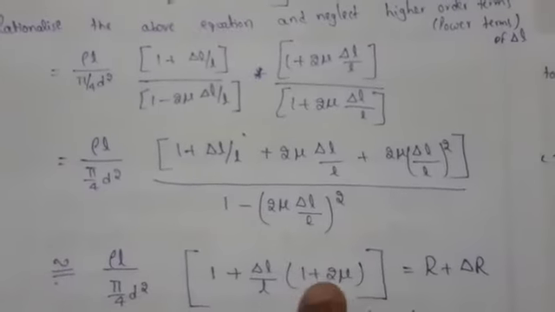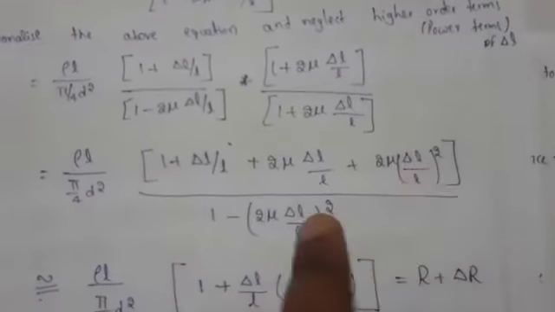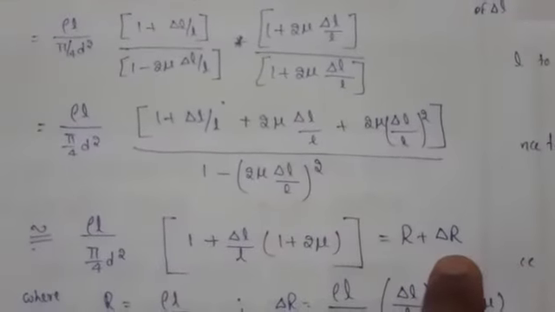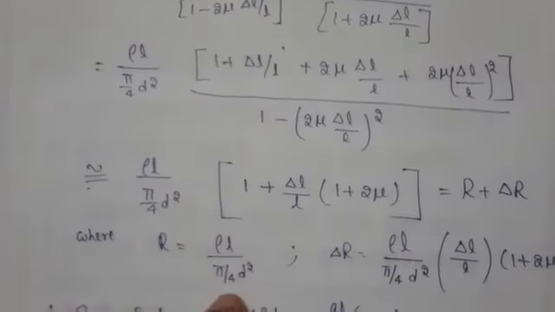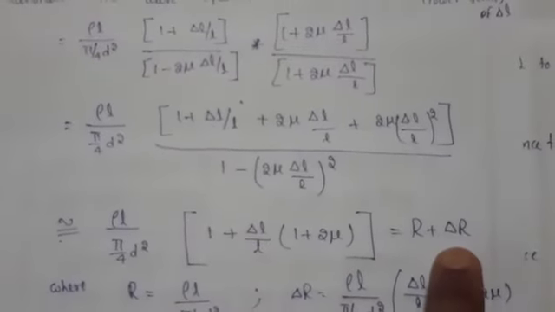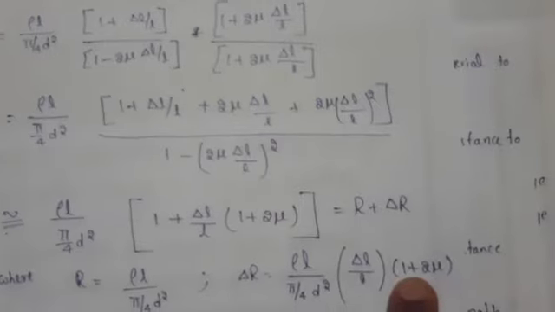These two parts are negligible because we have delta L here. Then we can write the equation as R plus delta R, where R equals rho L by pi by 4 d square, and for delta R, rho L by pi by 4 d square into 1 plus 2 mu.